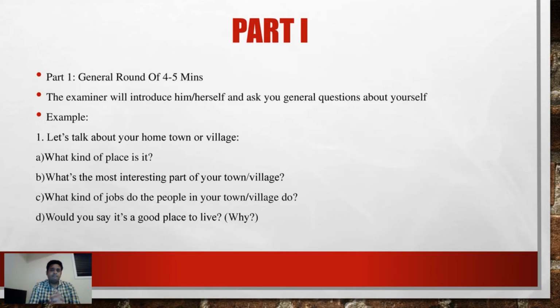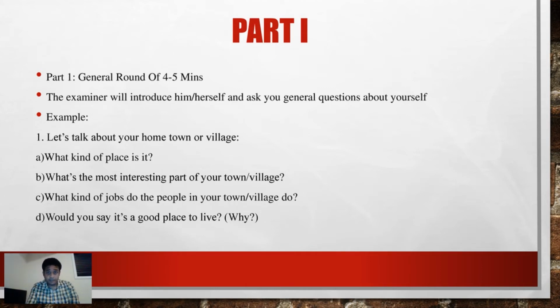Once you enter the examination center and go into the room where you have to give the test, the examiner is sitting in her chair, and you'll be sitting right opposite her or him. The first thing that he or she asks for is your ID.